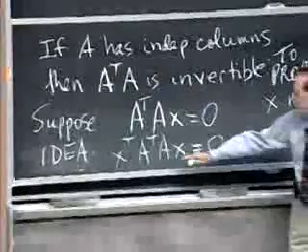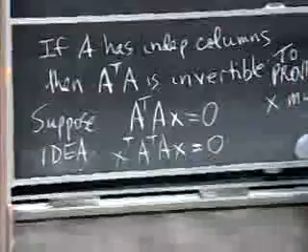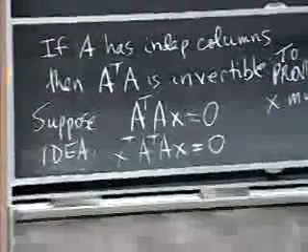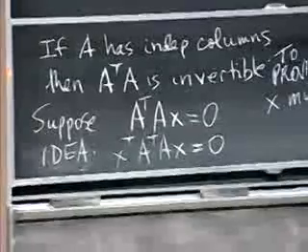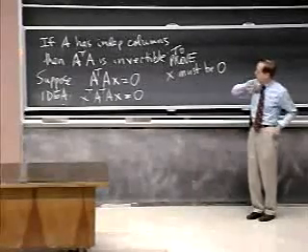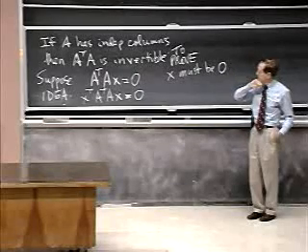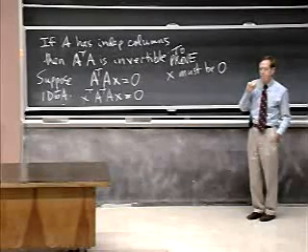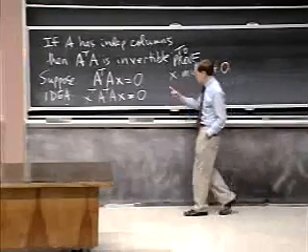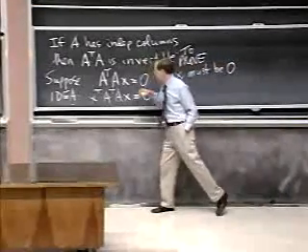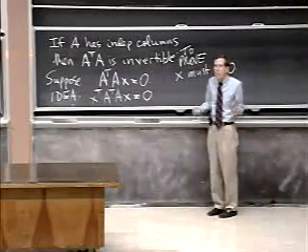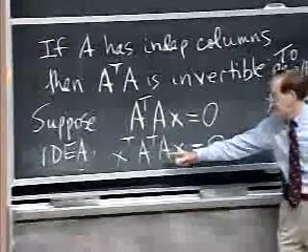Now, I got to that equation, x transpose A transpose A x equals 0, and I'm hoping you can see the right way to look at that equation. What can I conclude from that equation? What is x transpose A transpose A x?